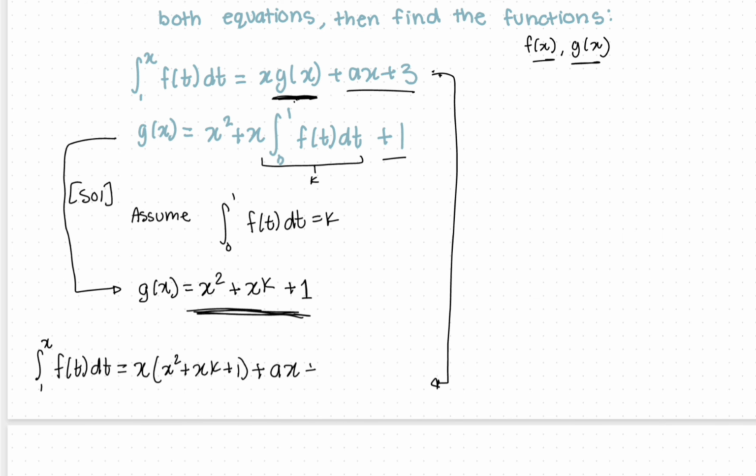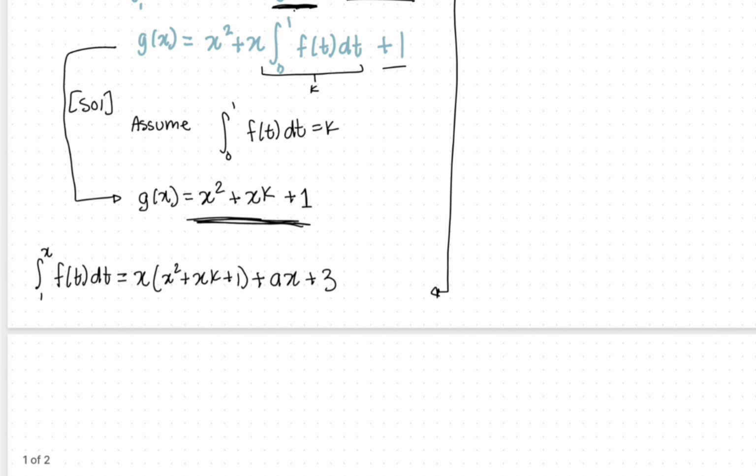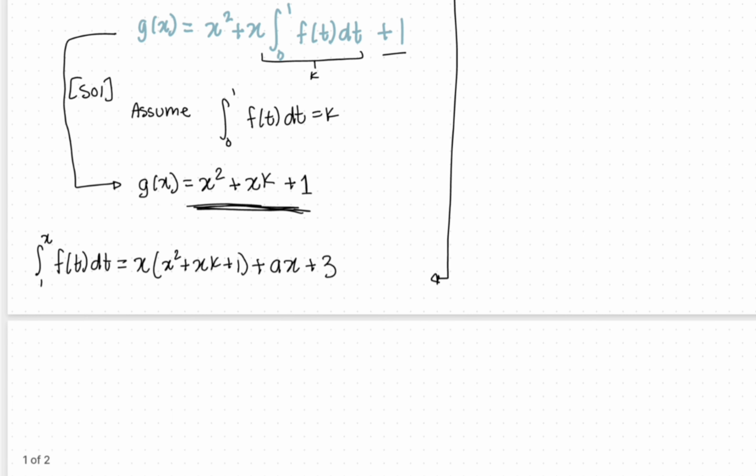Now we have this equation in terms of k and a. So we've introduced a new variable k, which we have to find out later. Don't forget that, but never mind that right now. Let's just focus on finding the value of k, which was our first main goal.